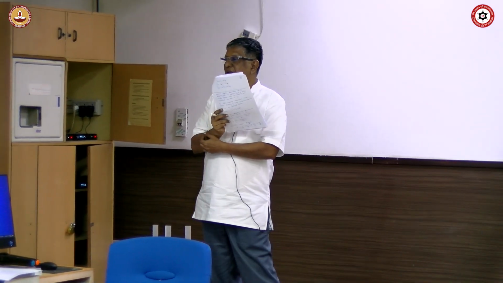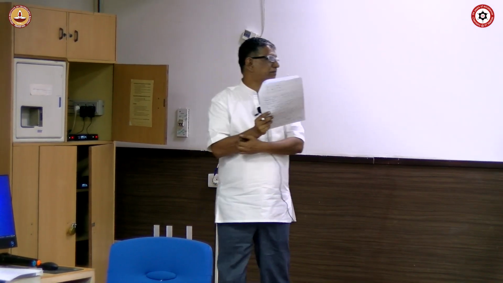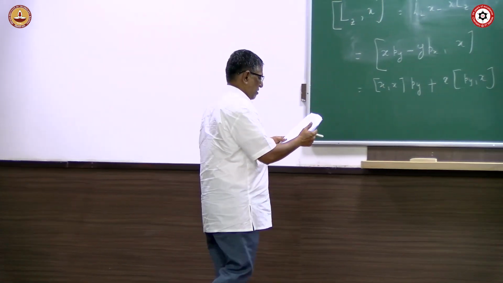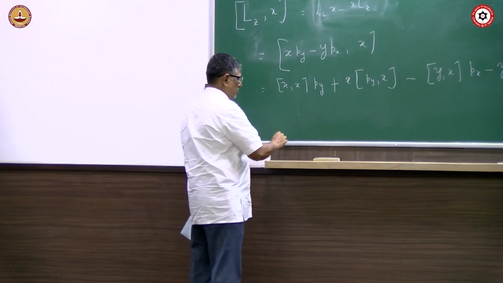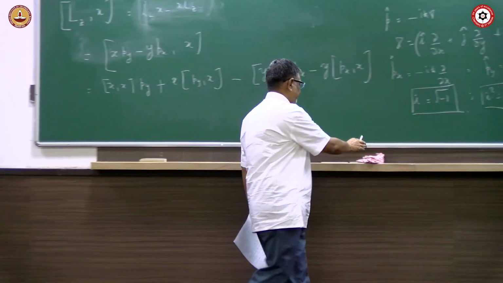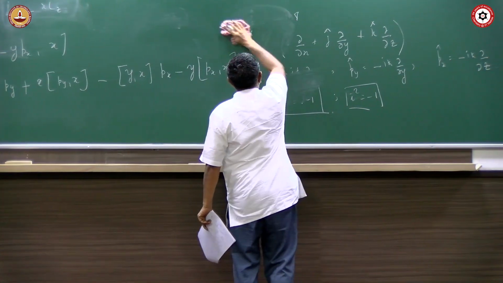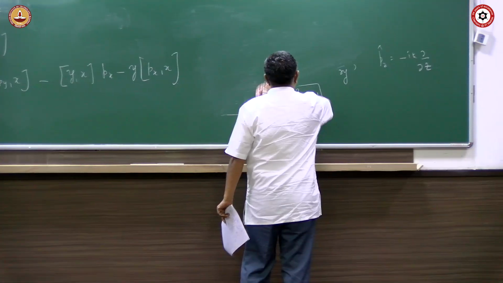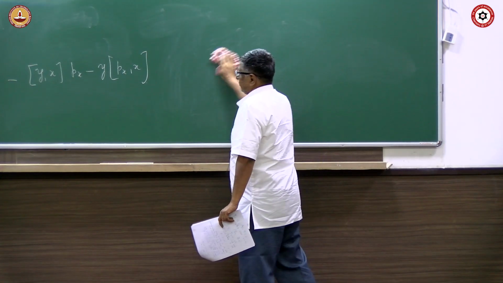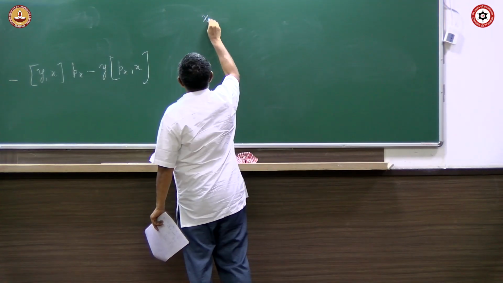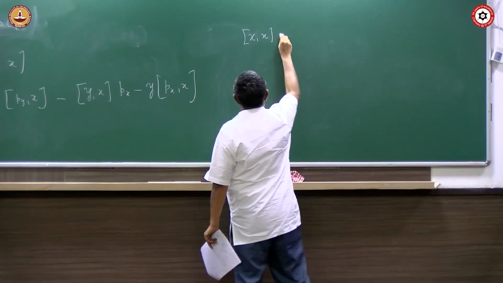So you have seen those rules, right? A, B comma C and then A comma B, C. These are the general commutation rules. So what will happen? You should know this quantity, x comma x, this commutator.